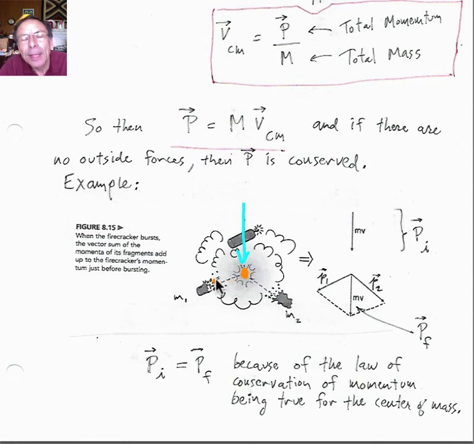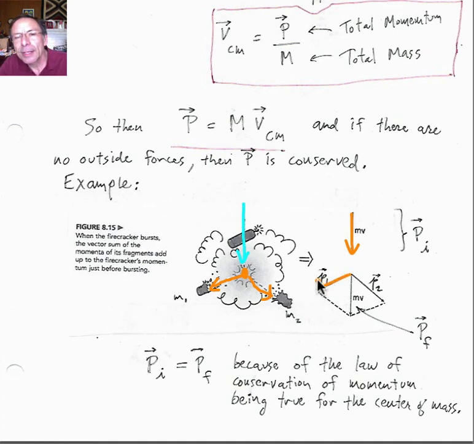And when it explodes, the pieces go flying apart. Let's suppose, just for simplicity, that it breaks into two parts. So part 1 goes this way, and part 2 goes this way. Here's a diagram. This represents the original momentum, and then it breaks, and now it has two pieces.